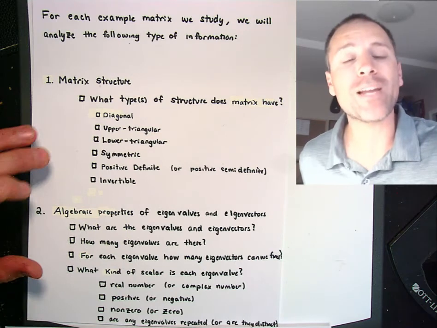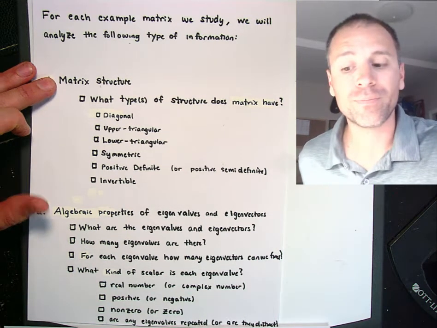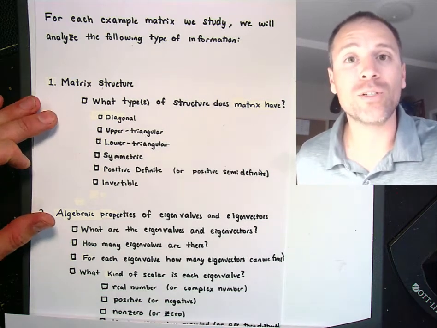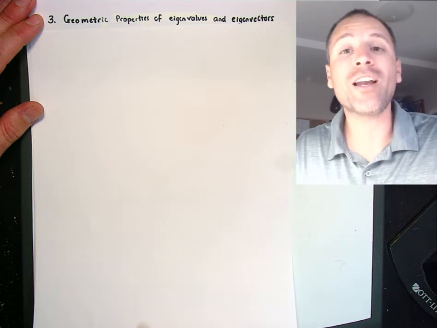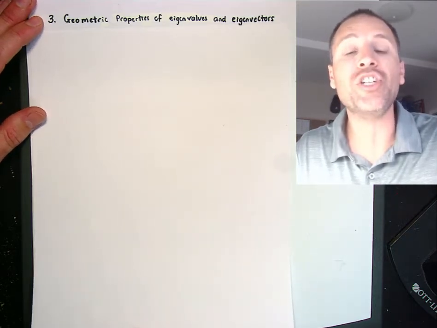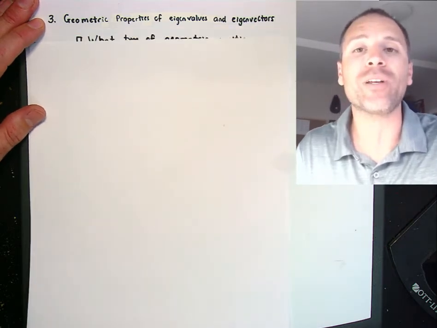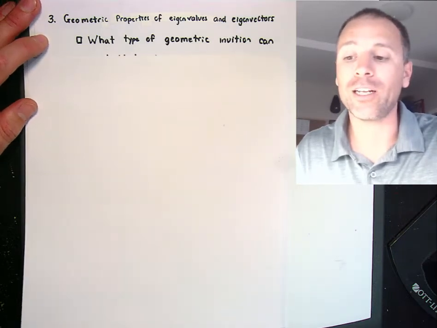So for every matrix that we study in our case study, we're going to study matrix structure, algebraic properties of eigenvalues, and also geometric properties of eigenvalue and eigenvectors. We're not going to just stay with an algebraic analysis. We're going to actually see if we can develop a geometric interpretation and intuition about what the eigenvalue and eigenvector information is telling us associated with the matrix that we're studying.